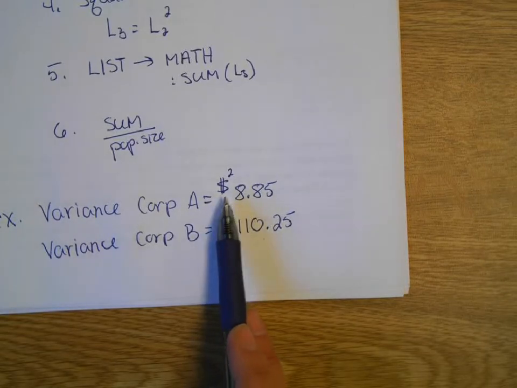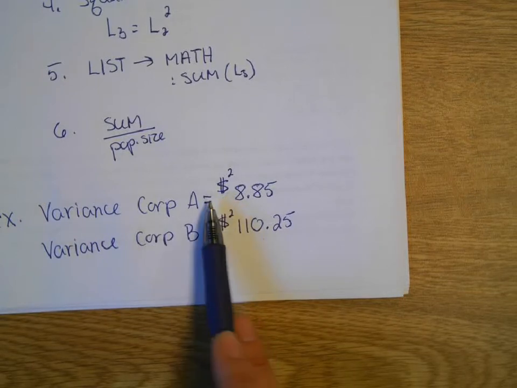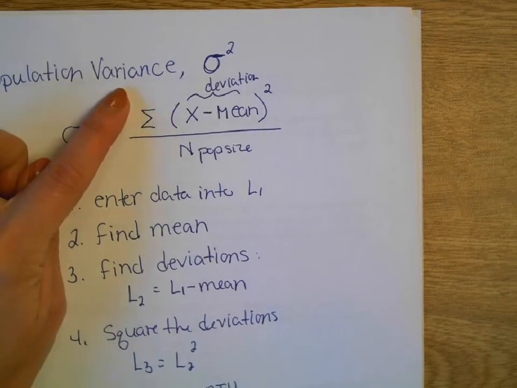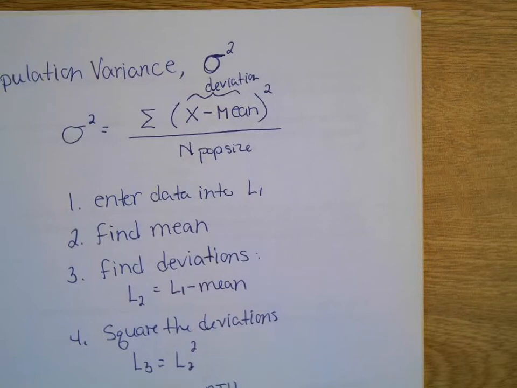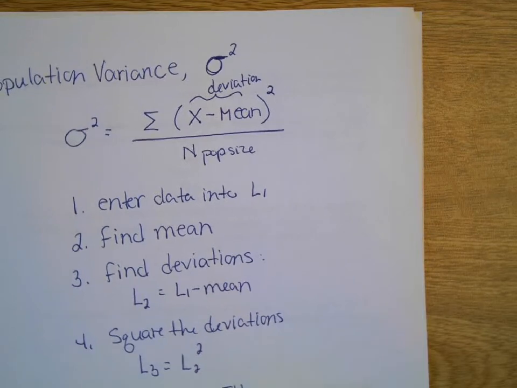So how do I get out of dollars squared? What could I do to get rid of dollars squared? Square root. And when you square root this answer, you create what's called population standard deviation. I don't know if you heard of standard deviation before, but that's the value that's most often used with data sets.